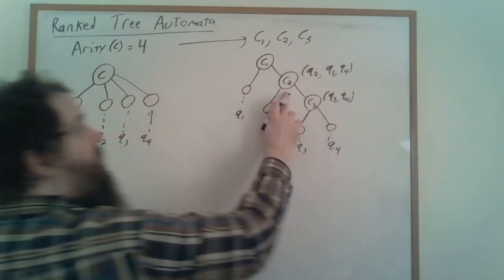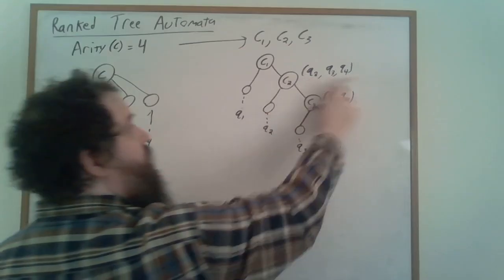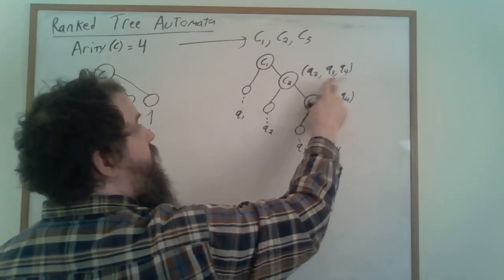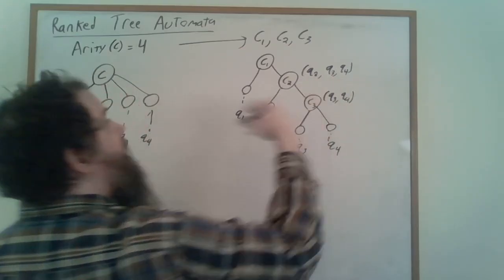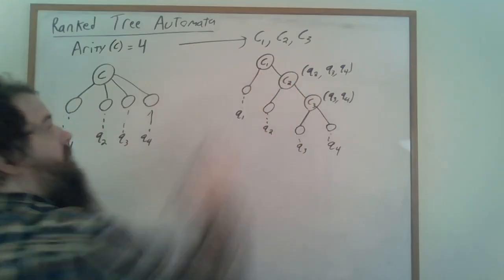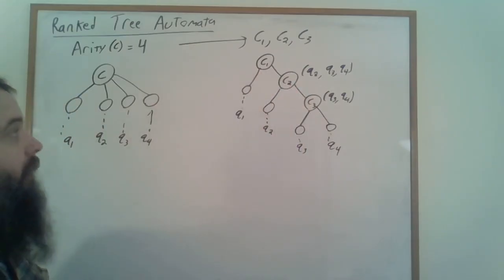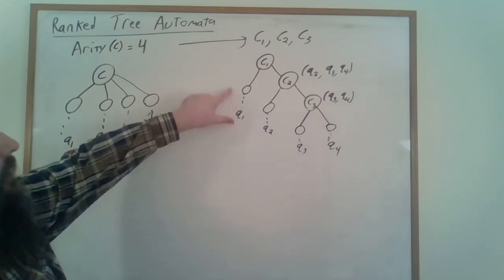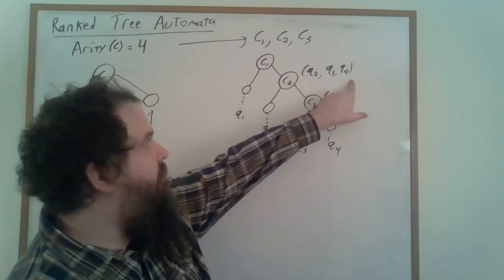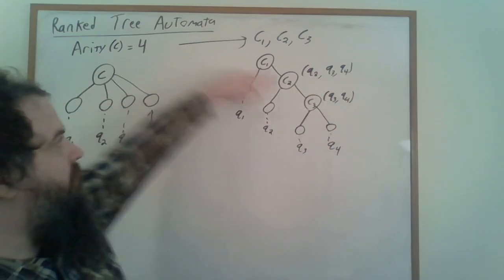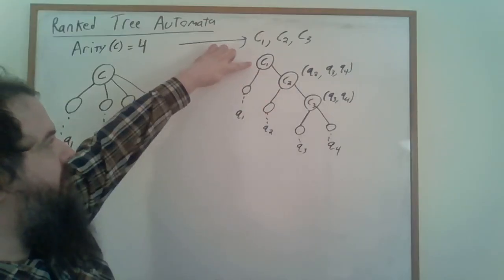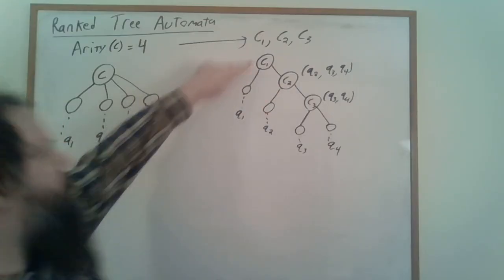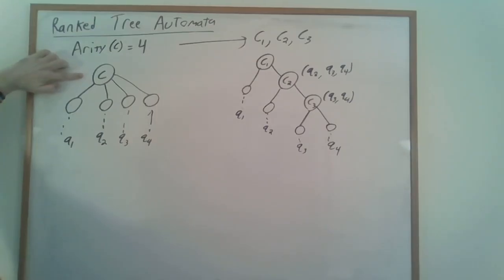And the state we're going to assign to this node is actually the triple Q2, Q3, Q4. And then finally, C1, the transition function for that character, is going to take in Q1 and all of this information here, the states of the child nodes, and work out the state of this node. And it's just going to do that using the same transition function that C had initially.